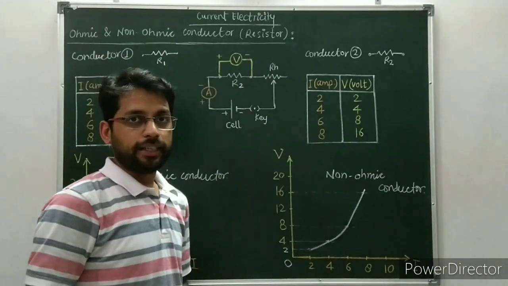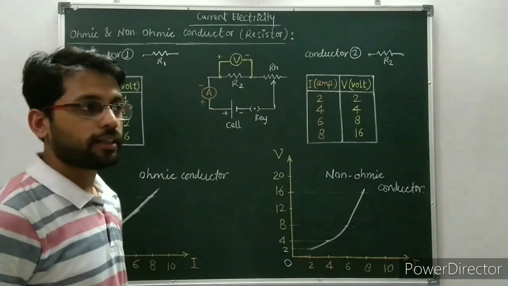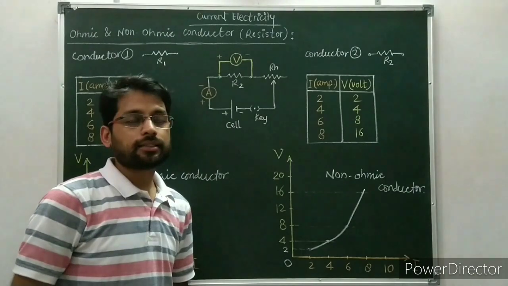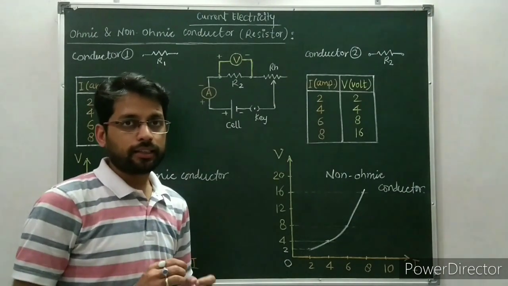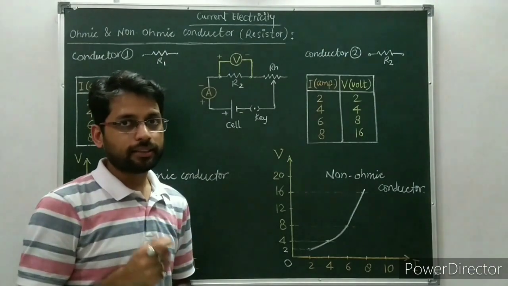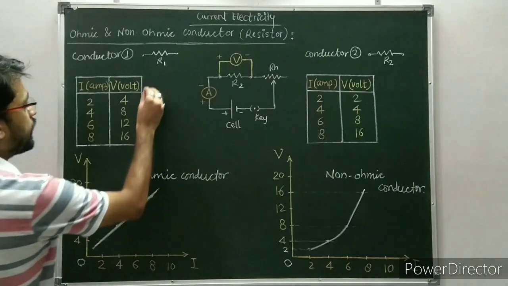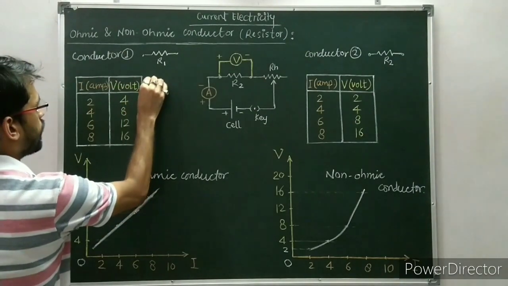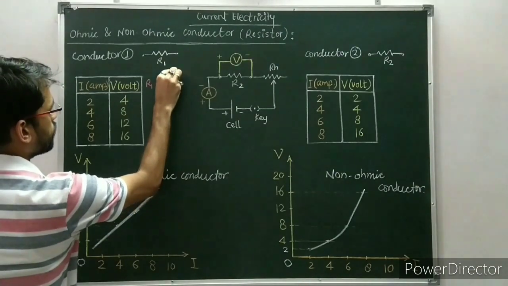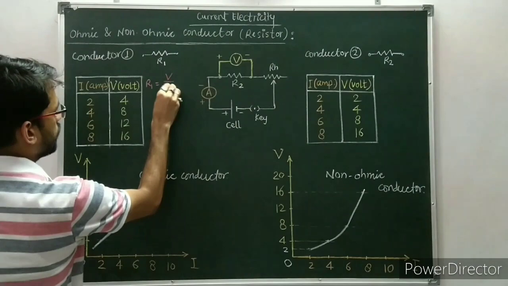We can also calculate the resistance of the conductors. Since we know from Ohm's law that the resistance of a conductor is equal to the potential difference across the conductor divided by the current through the conductor, here we can write the resistance of the conductor R1 is equal to the potential difference across the conductor divided by the current through the conductor.